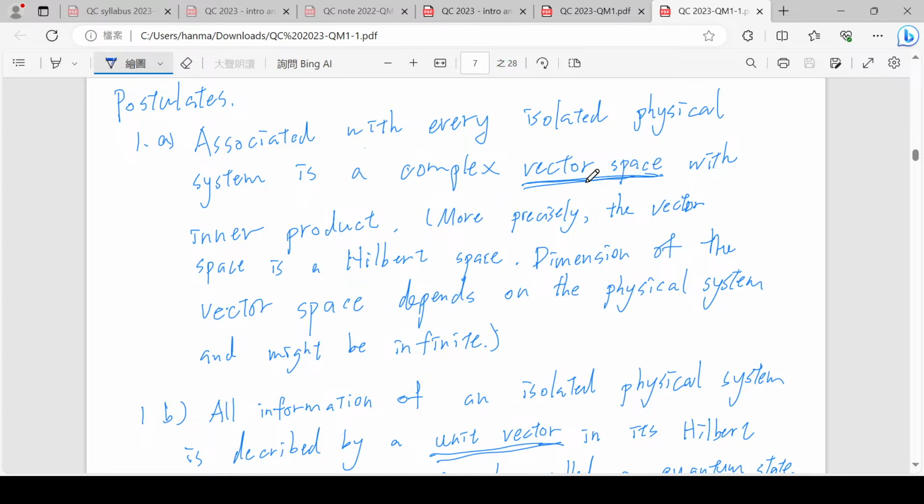Later we'll see that this isolation is actually important. You want to think of the system as isolated from everything else, with no interaction with other places, and then you describe it with this complex vector space. Complex means the coefficients are complex numbers, and this vector space has an inner product.